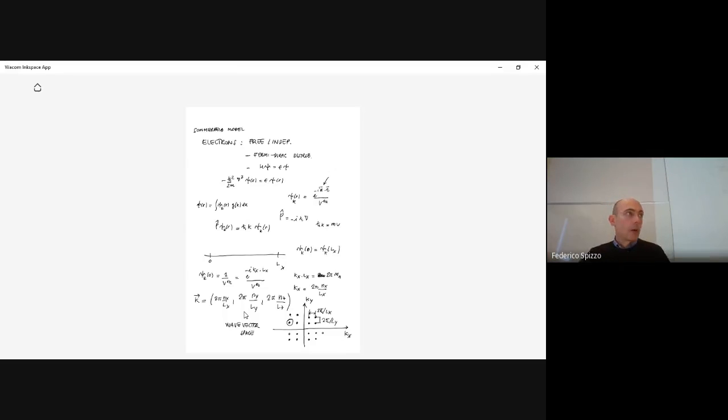So from now on, I will always use the two pictures in parallel. These two pictures are the electron in real space, described through the electronic wave function, so the wave function depends on the position r, and wave vector space, that is the space of the wave vectors.